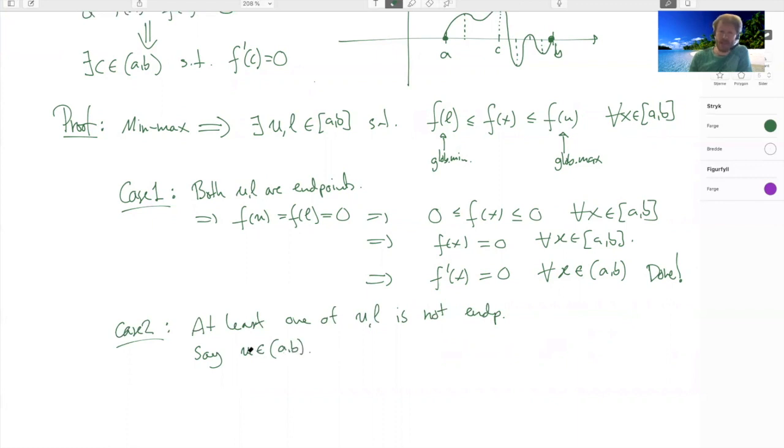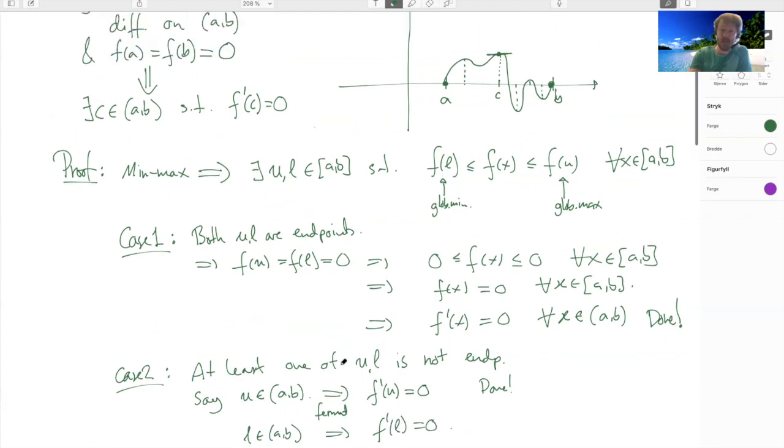So this means that u is a global maximum of f at an inner point where it's differentiable. So this implies by Fermat's theorem on stationary points that f'(u) is 0. And we're done, because now this u here works as my choice of c.